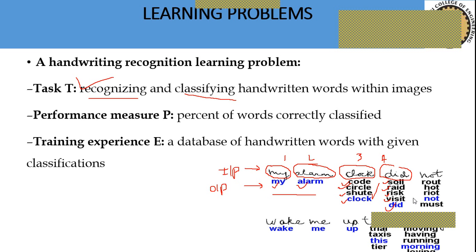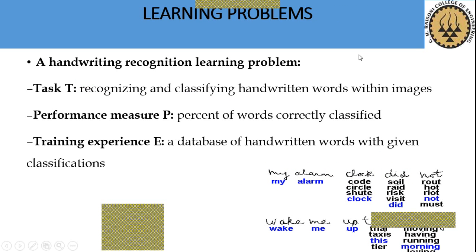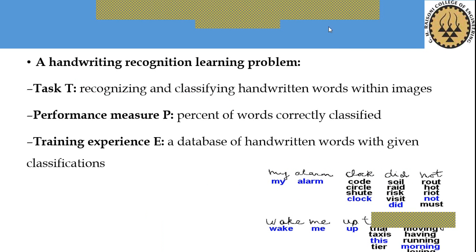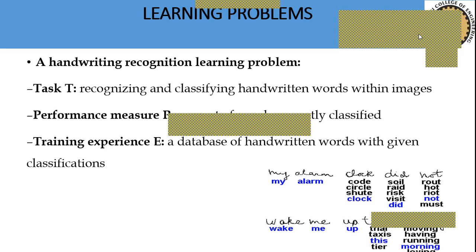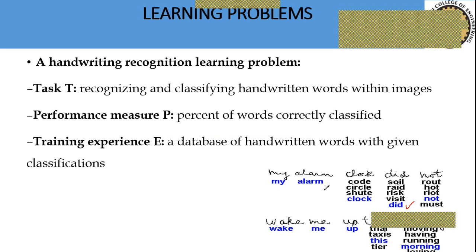So how can we find the performance? Here we consider the first three words, "my alarm clock". The word that fits after this is "did", so we select the word did because it matches more with the previous three words.